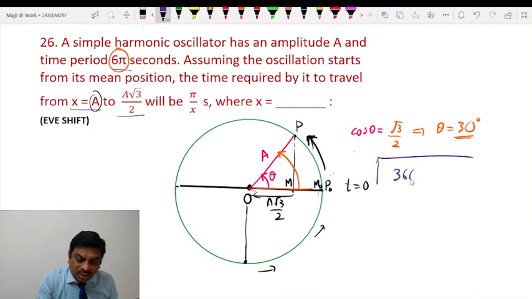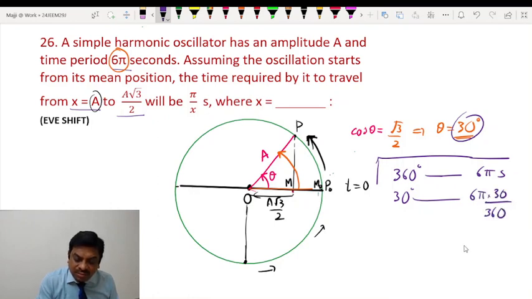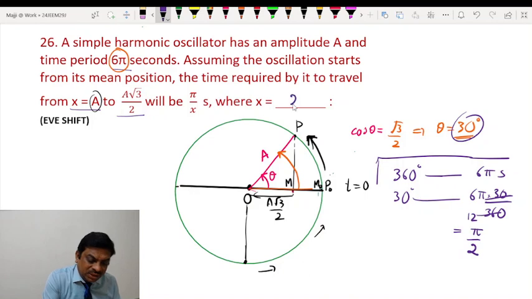In order to rotate by 360 degrees, it will take 6 seconds. So to rotate just 30 degrees, the time required will be 6 pi into 30 by 360. So 30 by 360 is 1 by 12, so 6 pi by 12 is pi by 2. So x is 2 seconds.